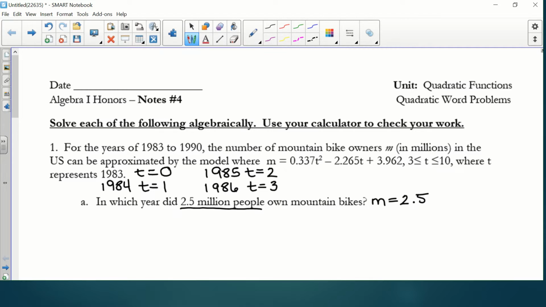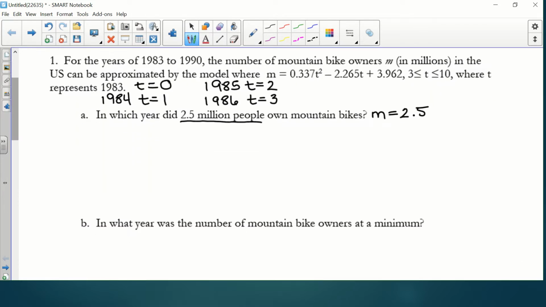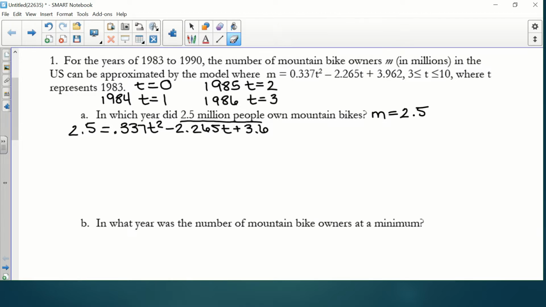So I'm going to plug in, I'm just going to scroll down a little bit here. So I'm going to plug in 2.5 for M. Okay, bear with my writing here. And I'm just going to fill in the rest of this here with our equation that was given to us.